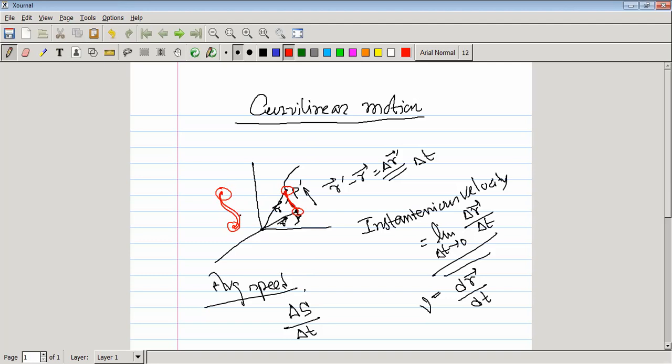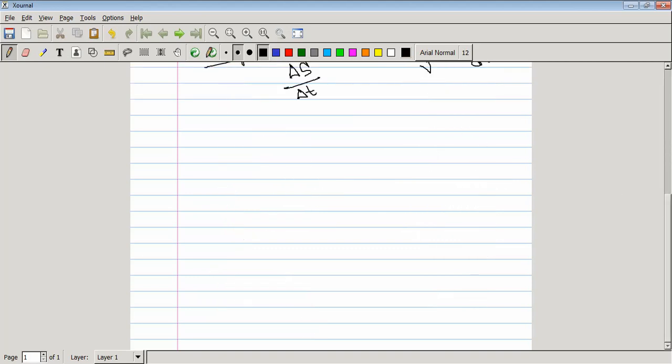In a similar manner we can find out the acceleration also. Here, this is your coordinate, this is the position vector of this particle, and this is your curve, this curvilinear motion.